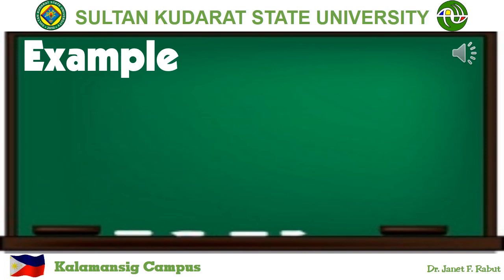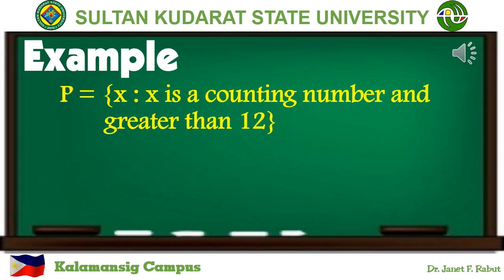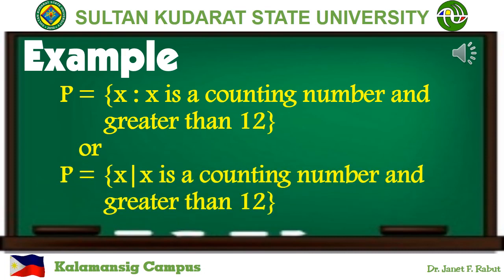Let P be a set of x such that x is a counting number and greater than 12. Or it is written this way: P equals {x | x is a counting number and greater than 12}. Or we can read this one as: let P be a set of counting numbers greater than 12.